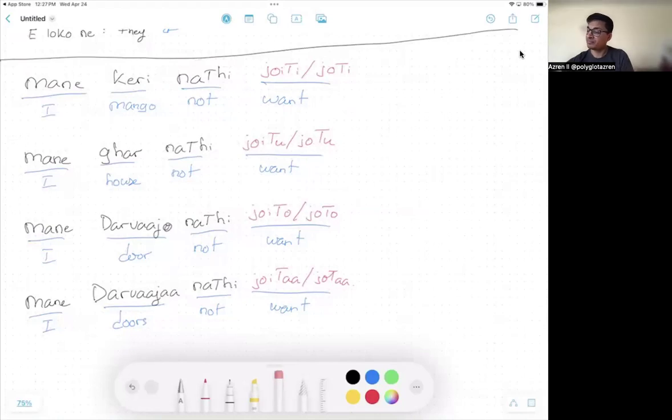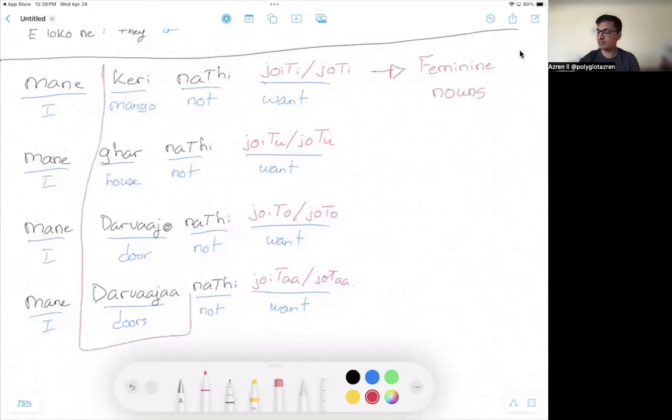Joiti is used with feminine nouns. The noun, I'm going to speak nice and slowly, is this. The noun is a thing, an object.